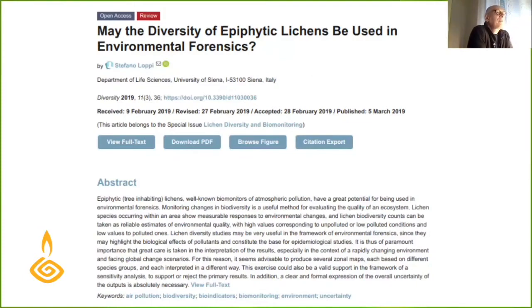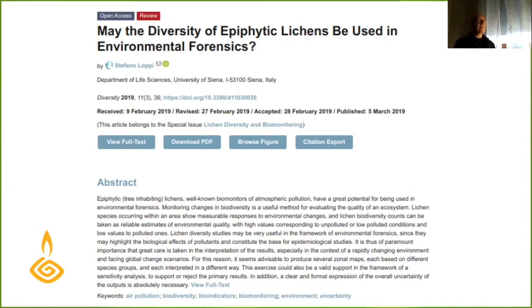May the diversity of epiphytic lichen be used in environmental forensics? Of course, the answer is yes. If the research is done with certain very strict criteria, if the aim of the topic is explicitated, and if the error and uncertainty of the study are specified, lichens can indeed be used as bioindicators and can be used in forensic cases.